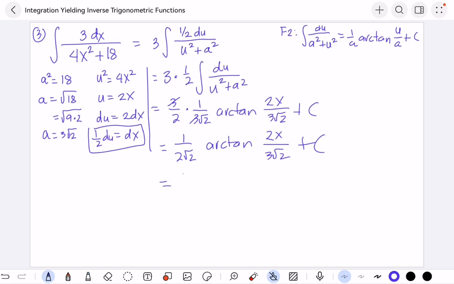Rationalizing, I have square root of 2 over 4 arctan of 2 square root of 2x over 6 plus c. This is the final answer.